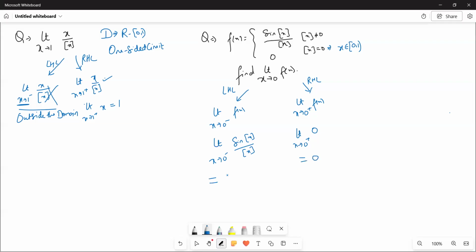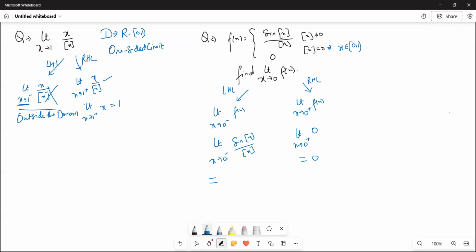Sine of box x by box x as x tends to 0. 1. Wrong. This will end up becoming a case of exact values versus tending values.